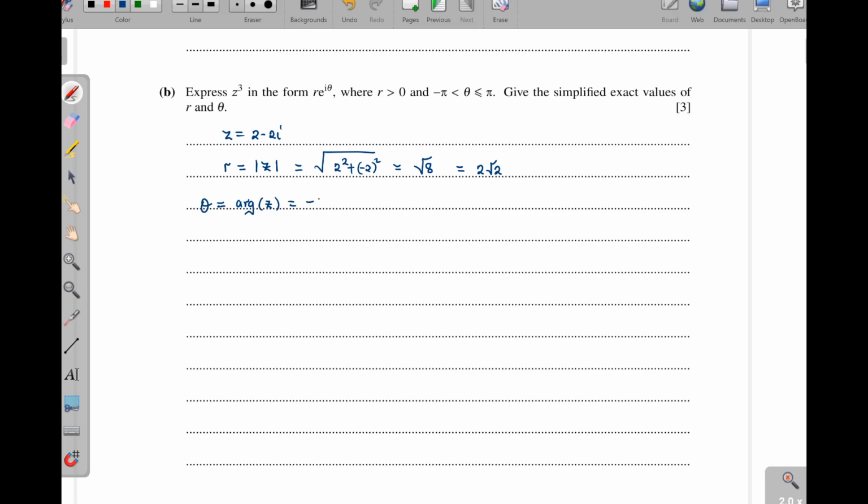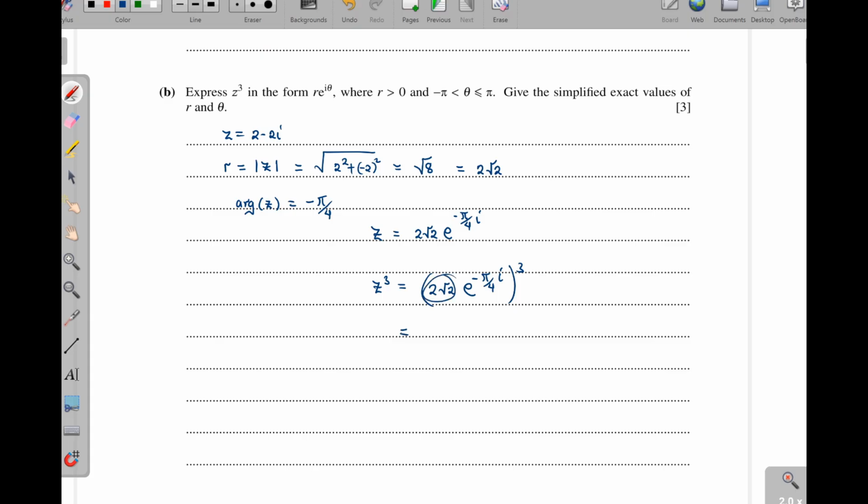Negative pi over 4. Actually, let me take this one off. So this simply implies that our z is going to be 2 root of 2 times e to the power of negative pi over 4 i. Now, when we say z cubed, we get whatever is this side, and then we cube it. So you cube everything here.